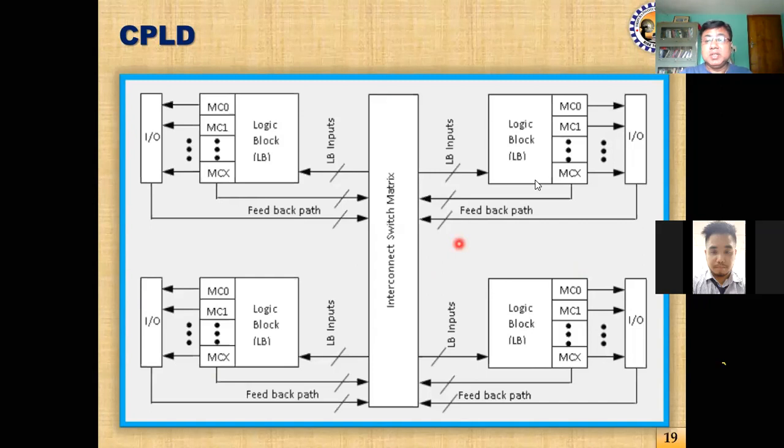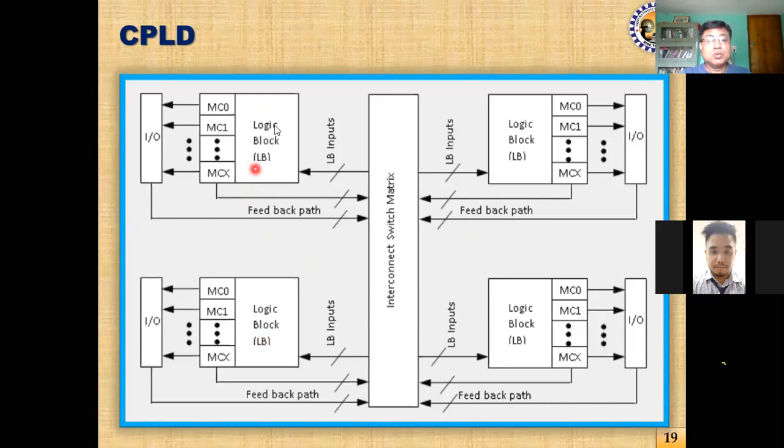Now, suppose this SPLD is implementing certain logic functions, but the system we are trying to design is not sufficient to be housed in this block. In that case, we can take more logic blocks, where a certain portion of the logic is implemented here, another portion over here, a third portion over here, and so on.